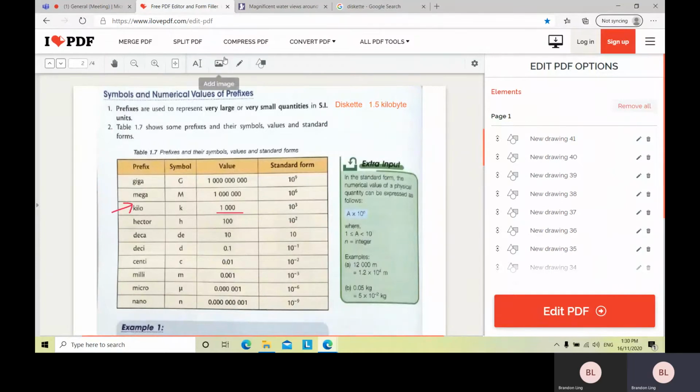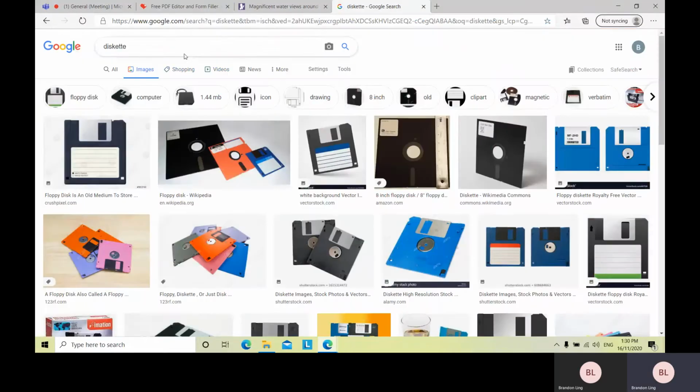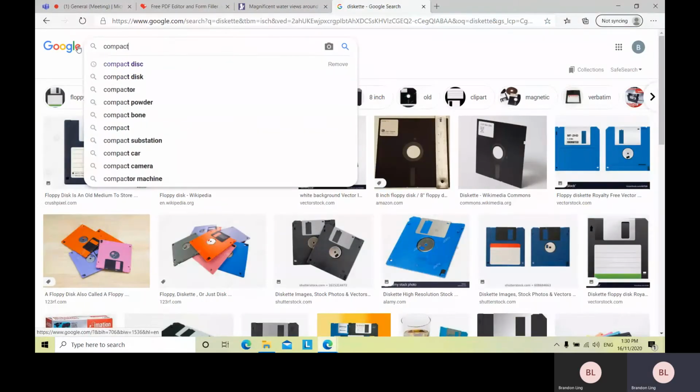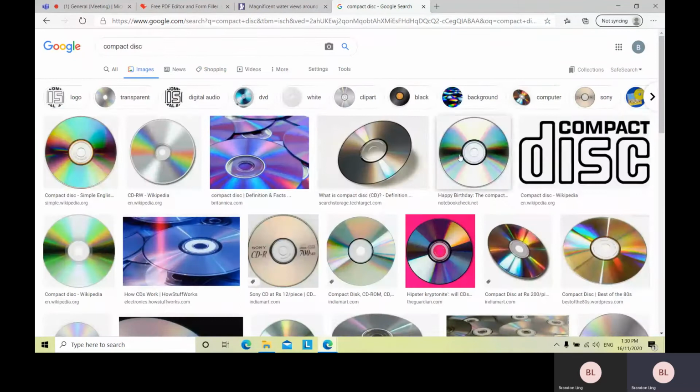Next, we move on to mega. Mega ends with 6 zeros here. So if I tell you 1 megameter, it means 1 million meters. We used to have a compact disc, or CD.